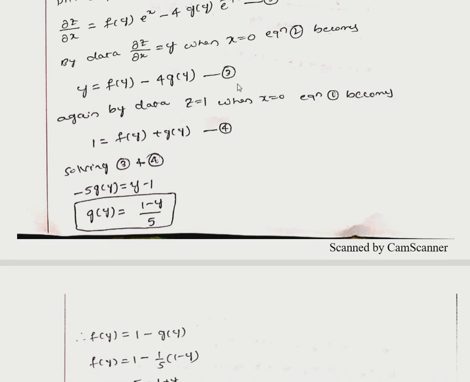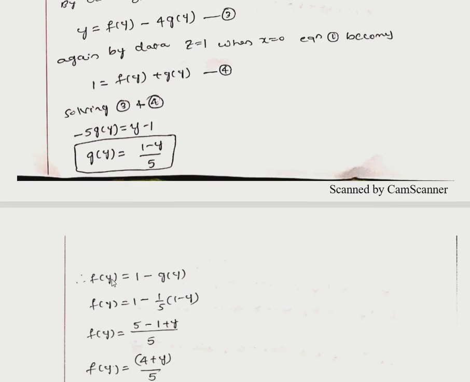Similarly, how to get f(y)? By solving 3 and 4. Write f(y) from equation 4. Here this is 1, shifting this term, that is minus g(y). Therefore, f(y) is equal to 1 minus g(y), and g(y) is (1 minus y) divided by 5.